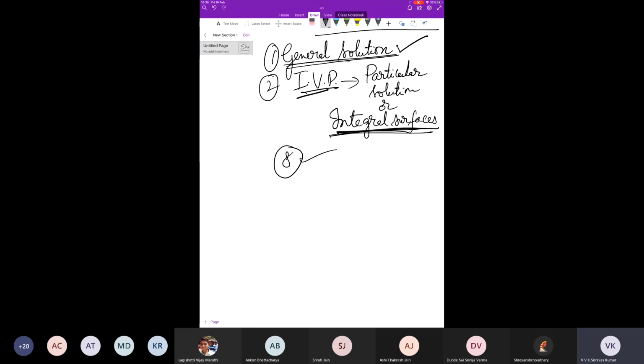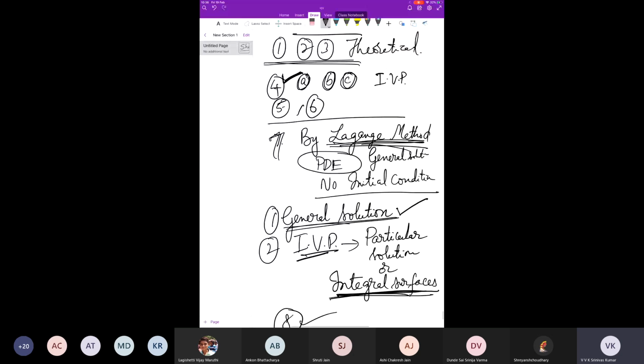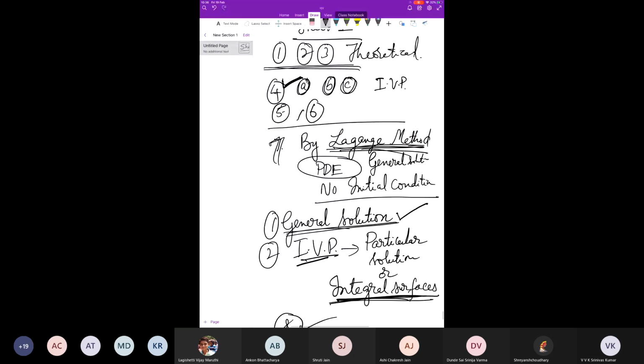Ninth is also a different type of problem. We'll do it. Please work out 4 and 5, which are formula based. In the next class, I will solve 1, 2, and 3, and also introduce the Lagrange method for 7, 8, and 9. Okay.